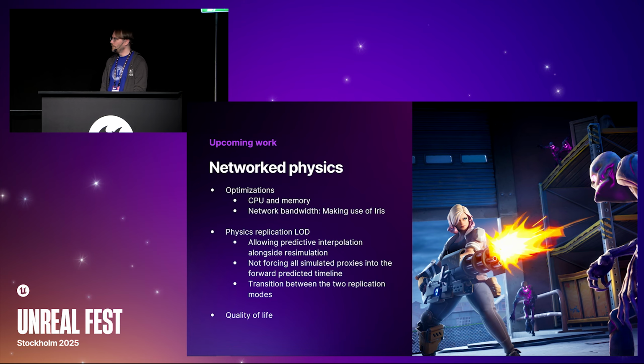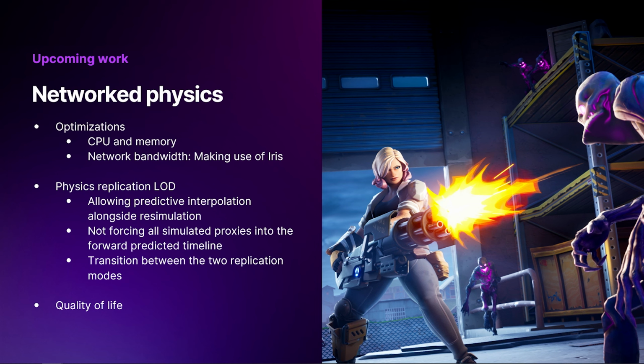And then quality of life, mainly documentation. Some API changes, some new features, easier to make things. Currently, the network physics component is designed for a stream of inputs and states. But we also see a need for just event-based things, one-off events, for example.